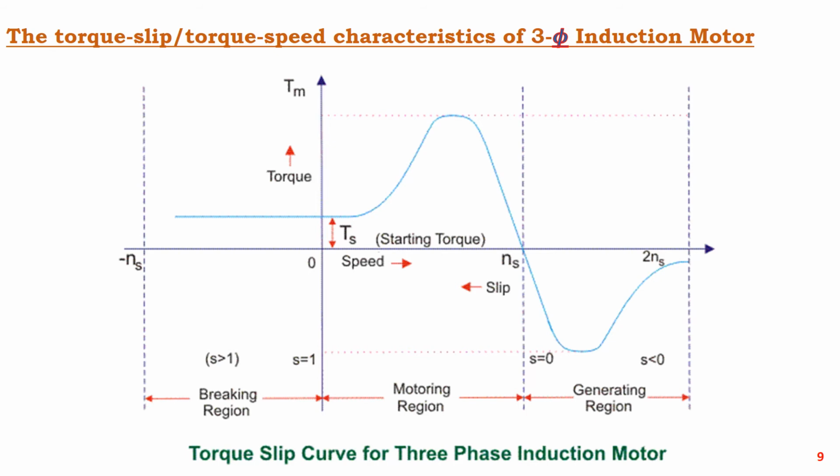If more than 1, it comes into braking region. In general, in motoring region, the speed varies from 0 to synchronous speed. More than synchronous speed, it acts as a generator. Then the torque will be produced only in motor region. If the torque is reversed or negative, then the machine acts as a generator.